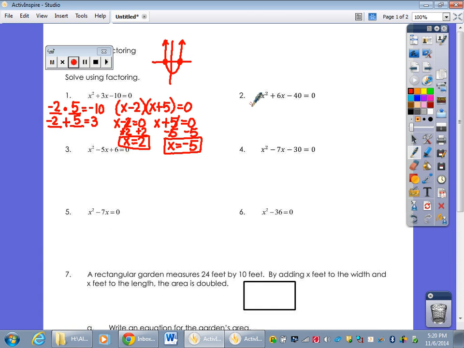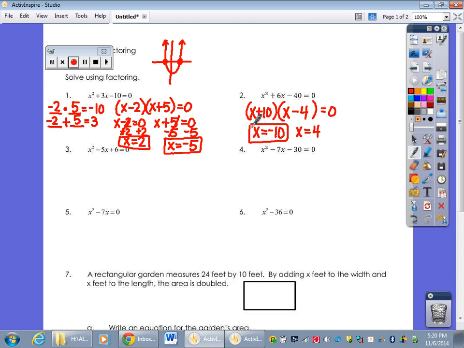Okay, for number 2, two factors of negative 40 that add up to positive 6. We've got 10 and 4, so x plus 10 and x minus 4. 10 times negative 4 is negative 40, and 10 minus 4 is 6. So our two solutions are going to be x equals negative 10 and x equals positive 4.